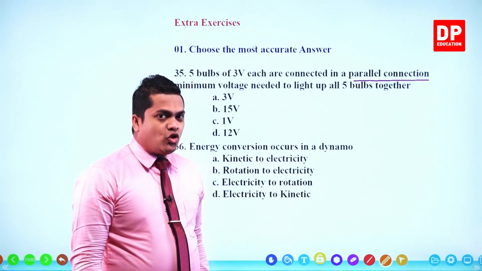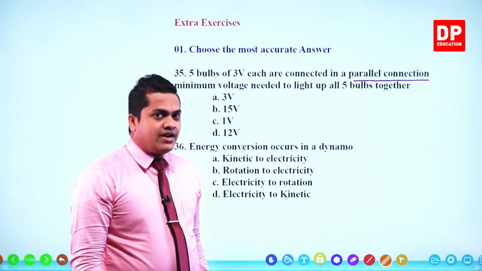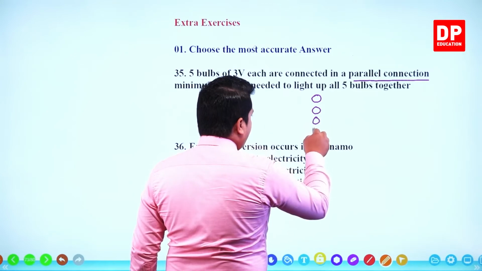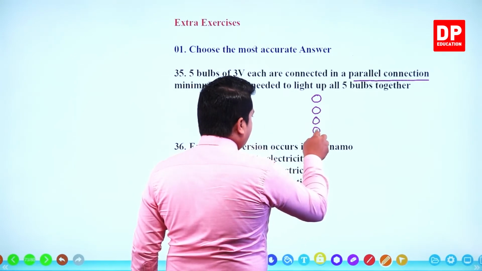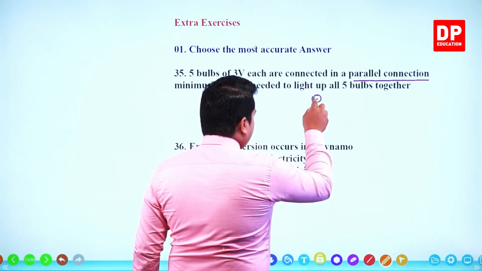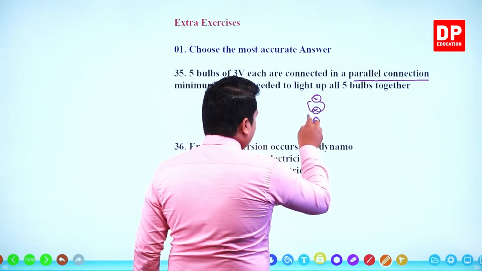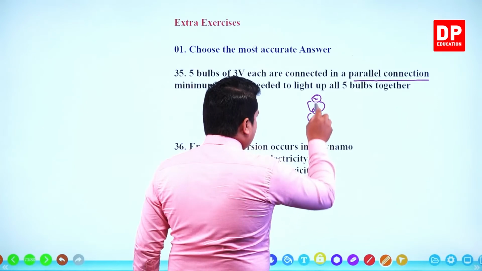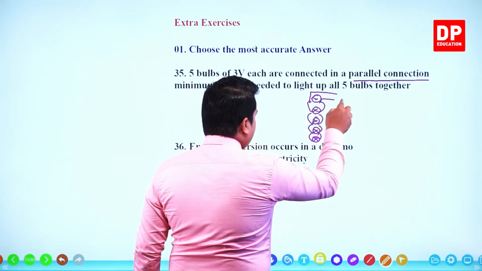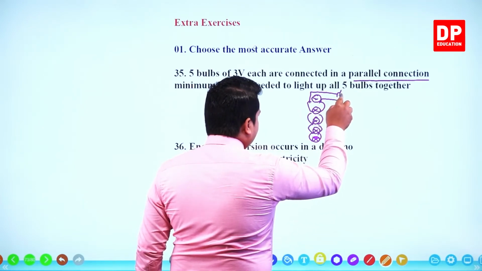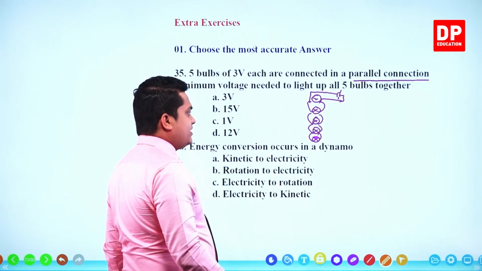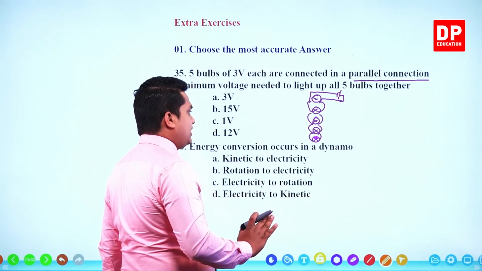So if they are showing a parallel connection, my dear children, it's like this: 1, 2, 3, 4 and 5. Parallel connection. So I told you earlier, in a parallel connection, electricity is evenly distributed to all the components.